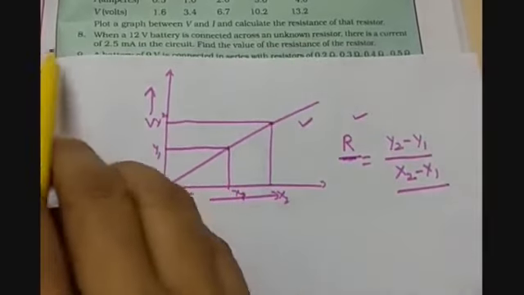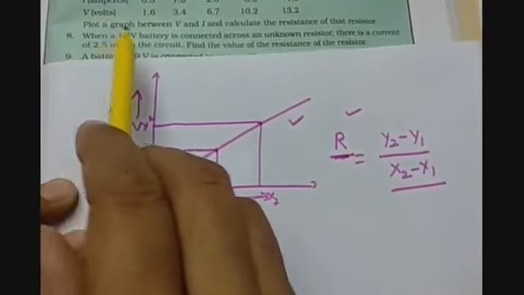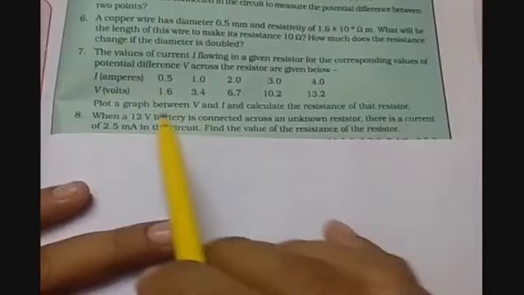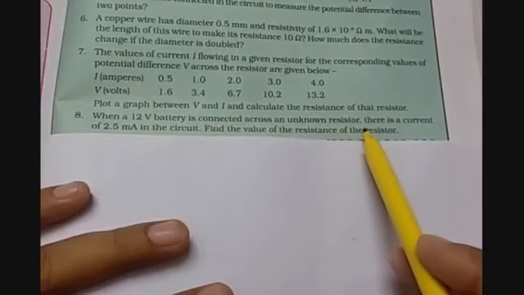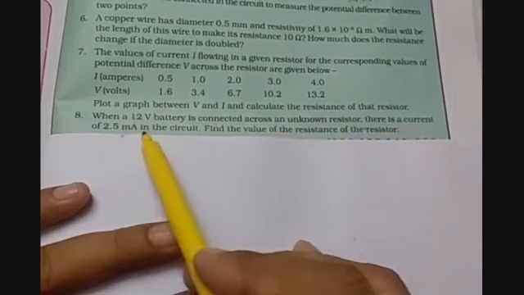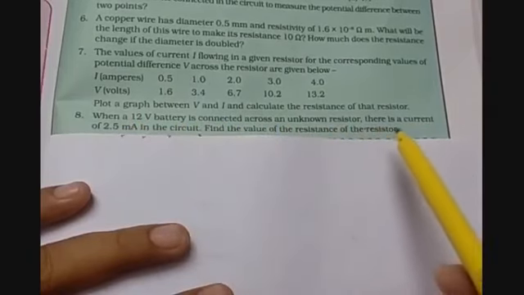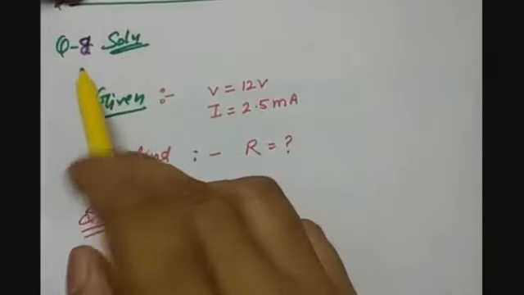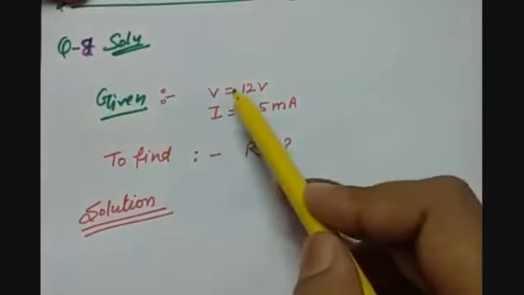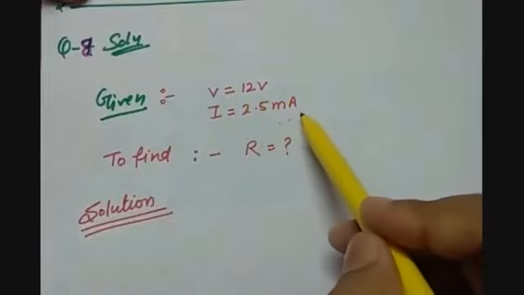In question number 8, we have been asked that when a 12 volt battery is connected across an unknown resistor, there is a current of 2.5 milliampere in the circuit. Find the value of resistance of the resistor. We have been given potential difference as 12 volt, current as 2.5 milliamperes.